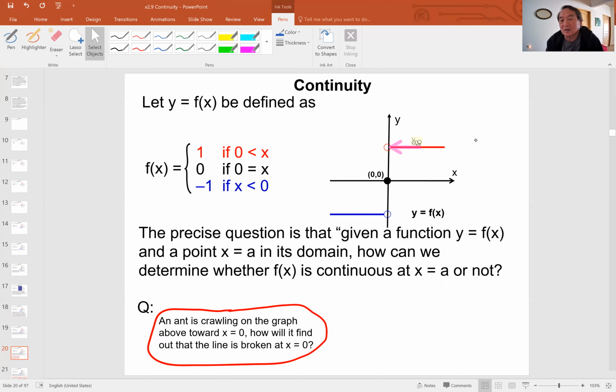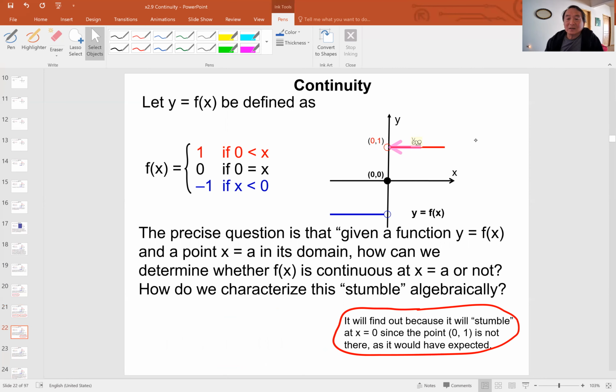For instance, imagine an ant crawling on the right-hand side. It's continuous: think of every dot as a little brick on the walkway, so it's walking along the red line, and it's continuous for everything positive, until you get to the point 0, 1.